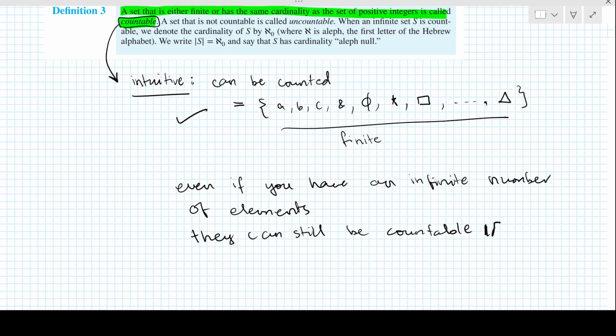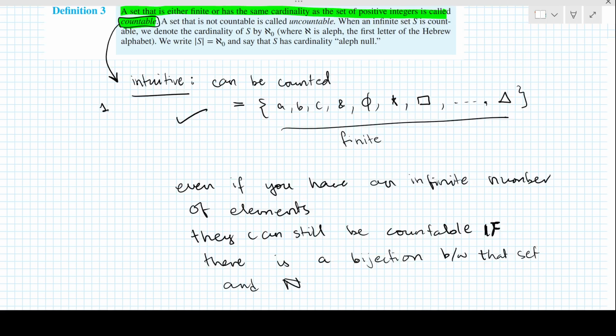If, and now here's the big condition, there is a bijection between that set and the set of natural numbers, right?